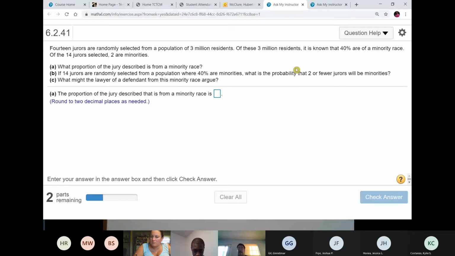Therefore, what is Q? 0.6. Good job. And that's all they're asking right now.